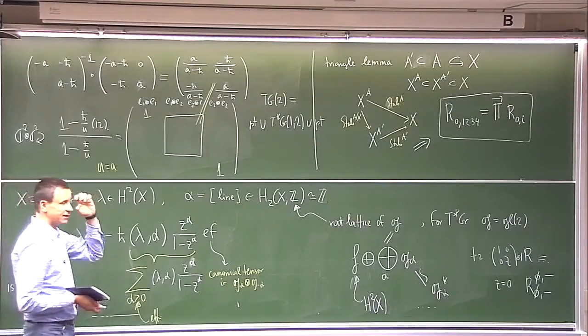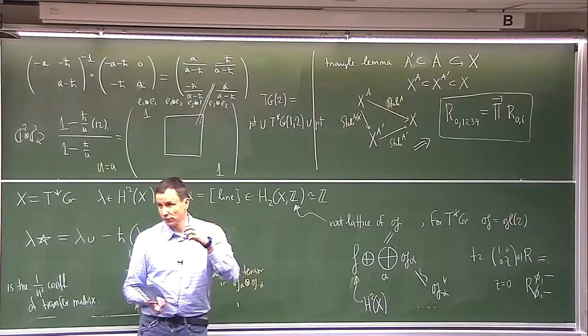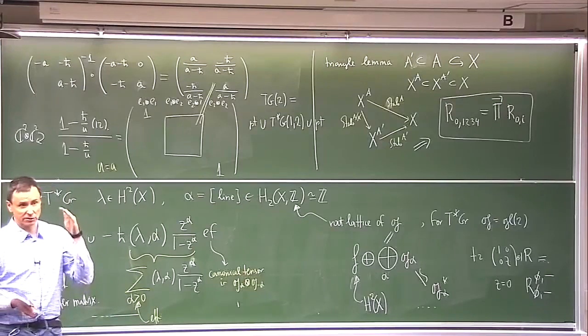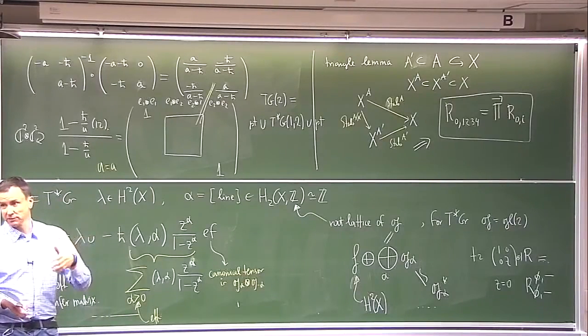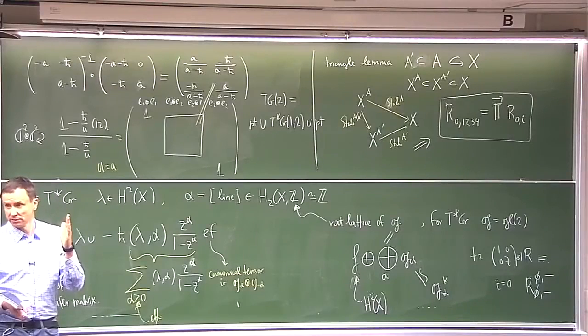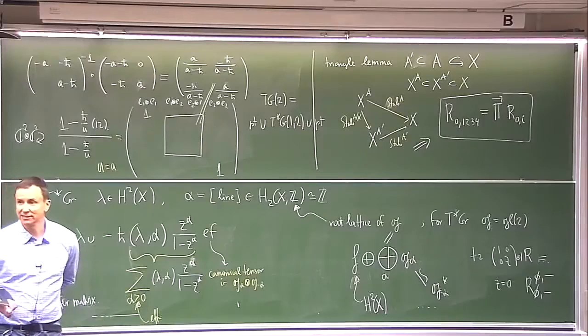So the R matrix has homological degree 0. If you extract the coefficient of 1 over u, you're going to get something which has homological degree 1, but it has to be divisible by h bar, and so it can only be homological degree 0. And so then you get some constant on connected components.